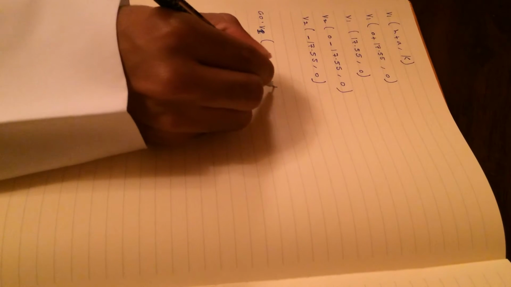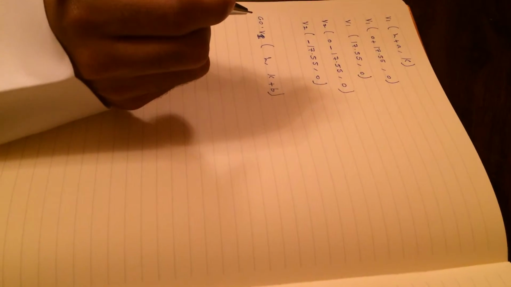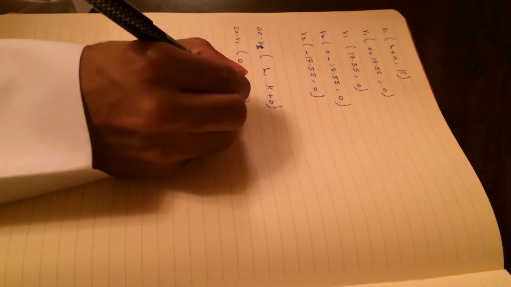Now I'm going to find the co-vertices. The first co-vertex will be h comma k plus b, because the co-vertex will be vertical, so the change will be on the k. Co-vertex 1 will be 0 comma 0 plus the value of b, which is 11.5.